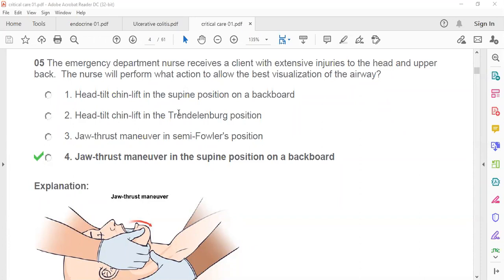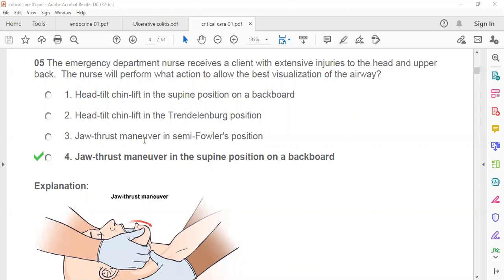So with the head and neck or cervical area injured, there is nothing related to blood supply, so the Trendelenburg position is not necessary. Number 3, jaw thrust maneuver in a semi-Fowler.